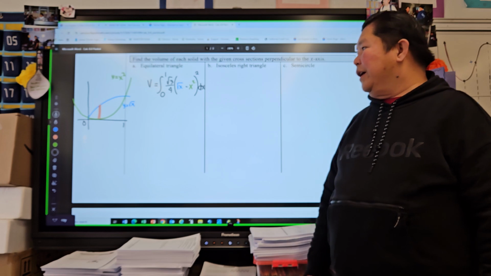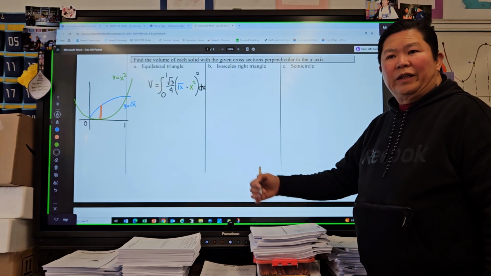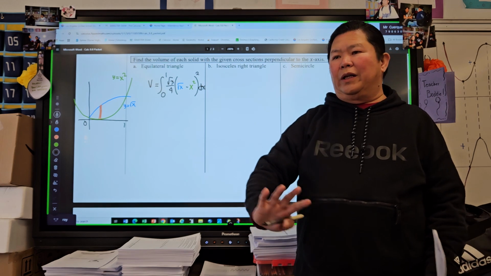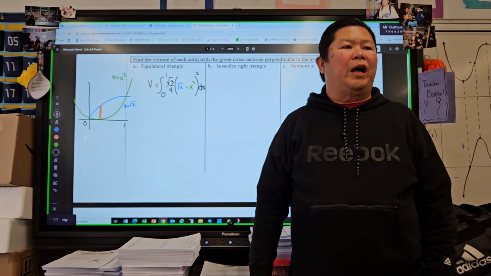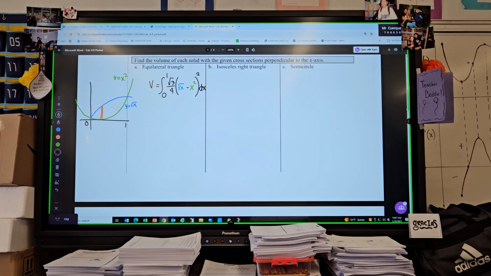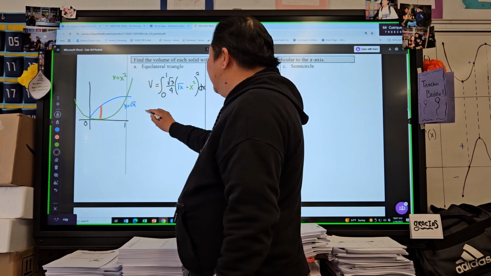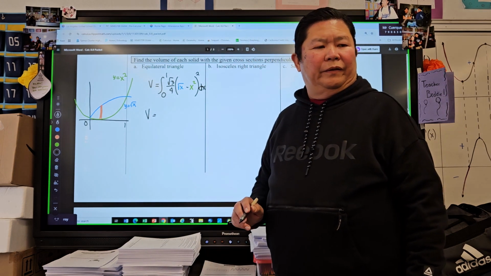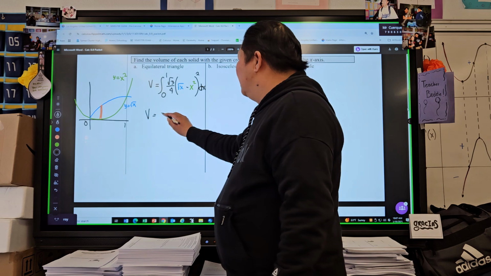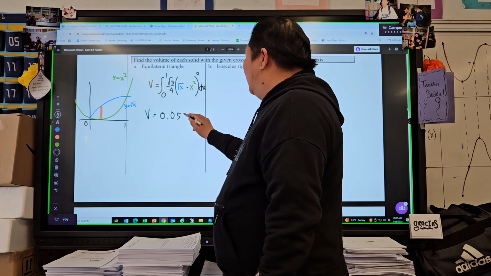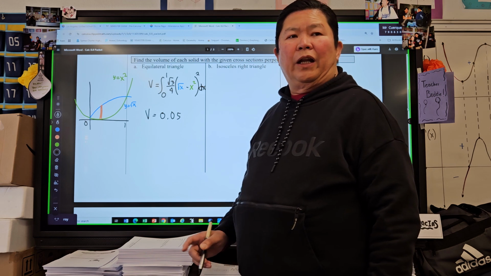Granting that the question says find the volume, what do you think the volume is? I'd like you to use the calculator now. What do you have, Anthony? 0.0556, to 3 decimals, final answer.